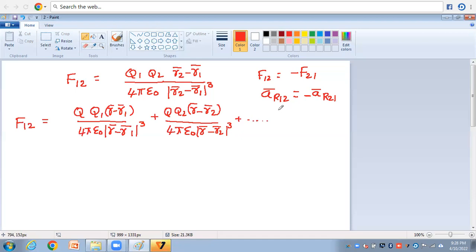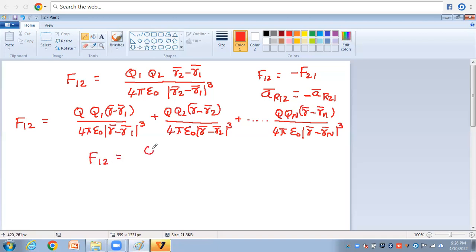I will take the nth point, Q into Qn, R bar minus Rn bar, with brackets, by 4 pi into epsilon naught into R bar minus Rn bar with cube. Okay. So if I write in summation format, I will write down the final format.